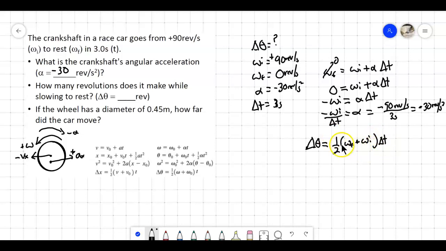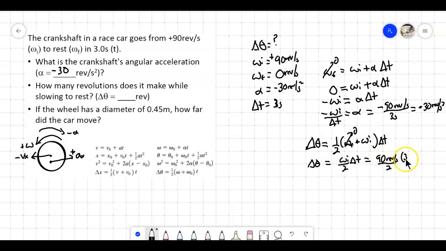Well, omega final is 0. So delta theta here is going to be equal to omega initial over 2 times delta t. And that is going to be equal to 90 revolutions per second divided by 2 times 3 seconds.